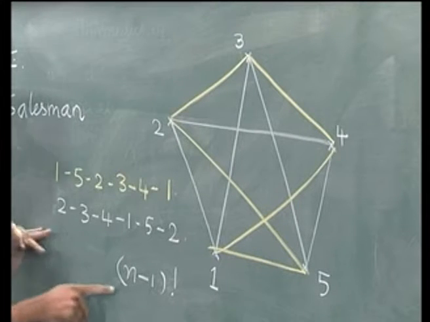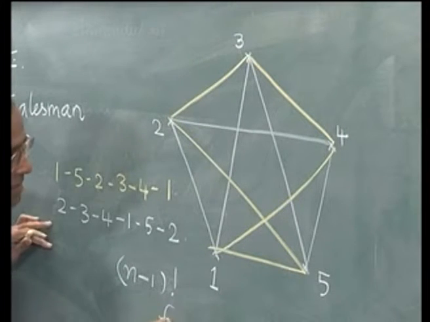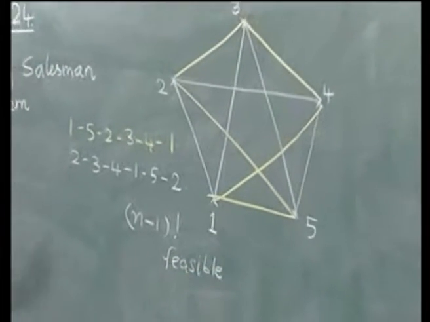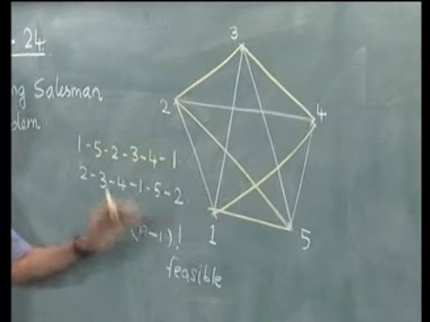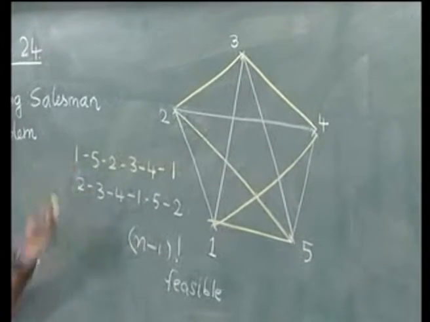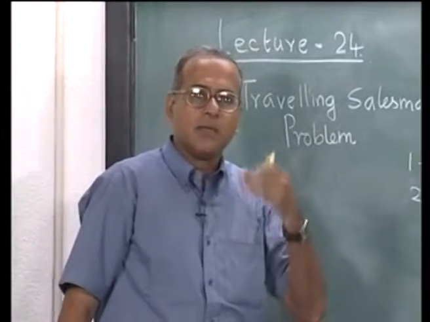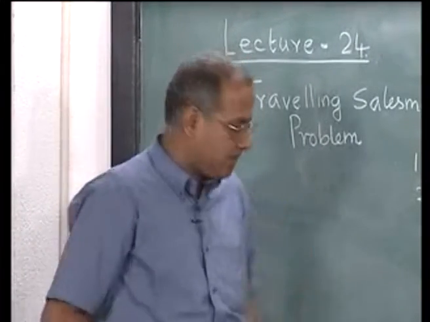We have (n minus 1) factorial feasible solutions to the traveling salesman problem, and the question is to find out among these (n minus 1) factorial feasible solutions the one with the best value or the minimum distance value.